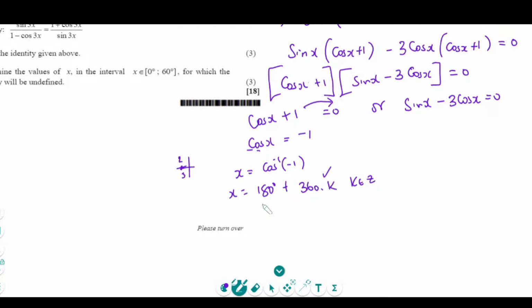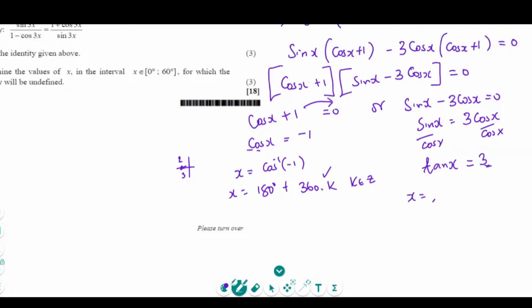Okay, then I'll move this side. I can take the 3 that side, so that I have sine x is equal to 3 cos x. Divide both sides by cos x, which means I have my tan x is equal to 3 from this identity of sine over cos. Then I can find the reference angle with this.